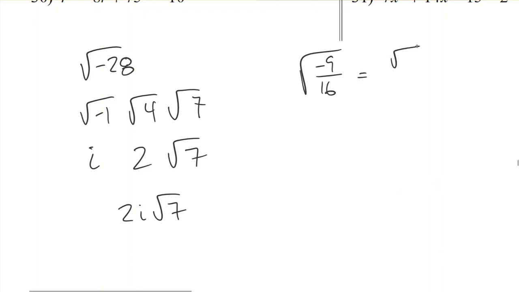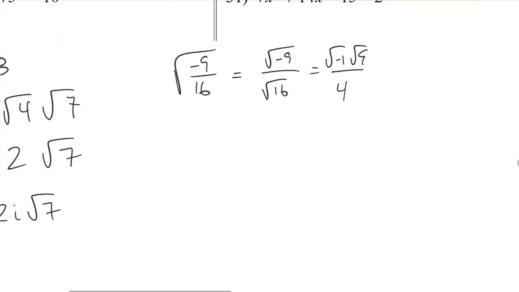Well, that's the same as the square root of negative 9 over the square root of 16, which is square root of negative 1, square root of 9 over, what's square root of 16? 4. Right, so from here, square root of negative 1 is i, so that's i times 3, or we'd write it as 3i over 4.